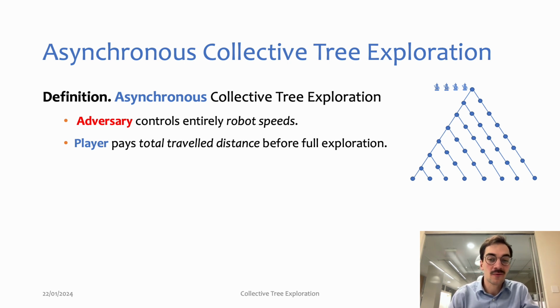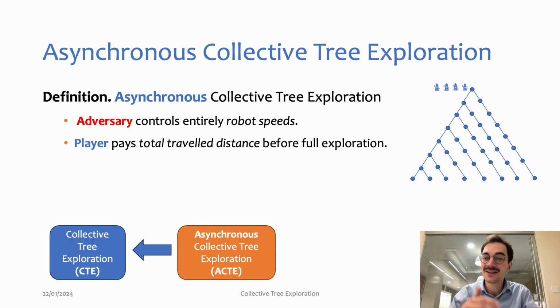So the adversary could choose to break down a robot indefinitely, so now the robots are not required anymore to go all back to the root. Notice that this setting remains much harder than collective tree exploration, which is a synchronous setting in which the adversary is forced to move all robots at the same time.